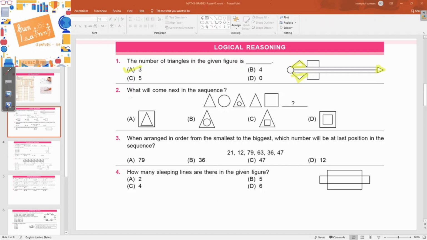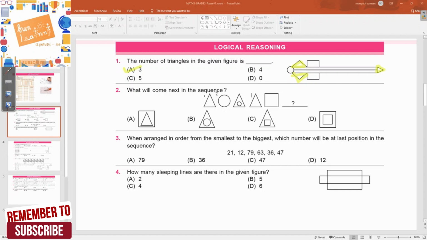The second one is what will come next in the sequence. Now in what will come next in the sequence, what is happening? Let's see. There is the first sequence, which is our triangle, the second sequence, which is the circle, and the third sequence, which is number 1 and number 2 contained in number 1. So that's a triangle and there is a circle inside. Now let's continue with this pattern.